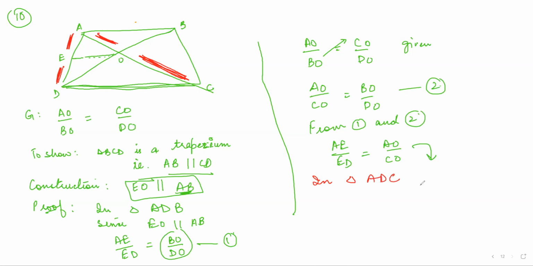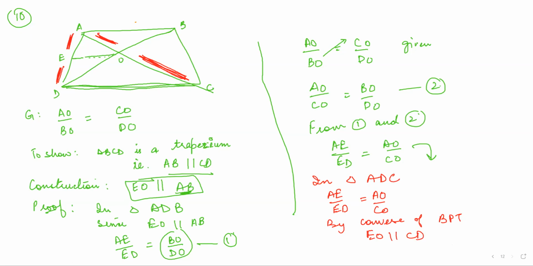ADC. Yes. So in this triangle I have AE by ED equal to AO by CO. That means by converse of BPT, my side EO is parallel to CD, isn't it? So simple.